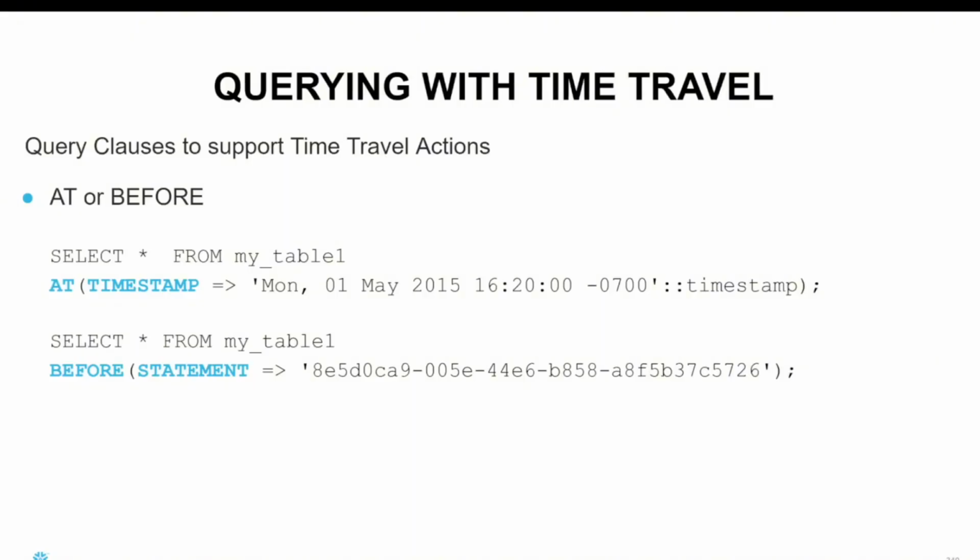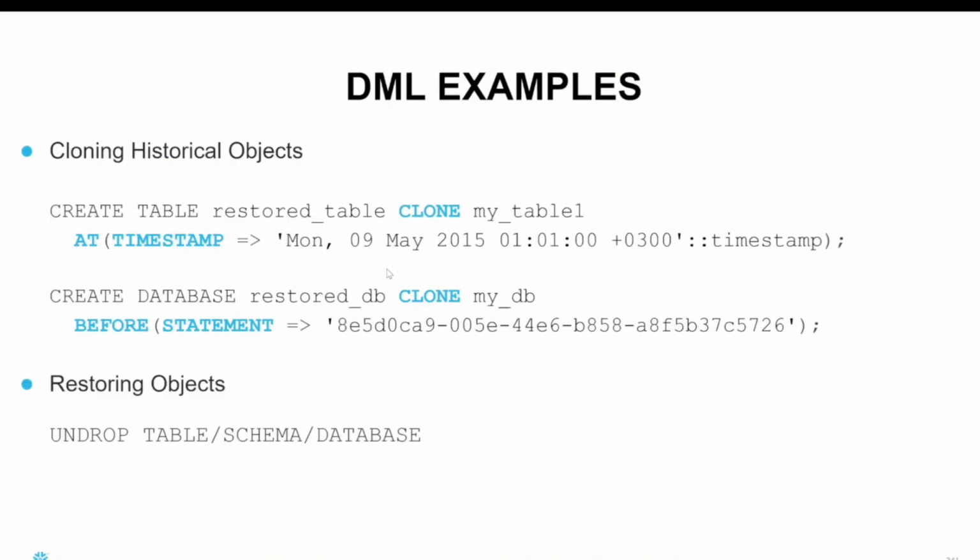Now, if you want to restore the data, and that delete statement was run by mistake, you can use a BEFORE statement on that particular query ID on which you ran the delete statement. You should be able to access that data. We will see how we can do that in Snowflake.